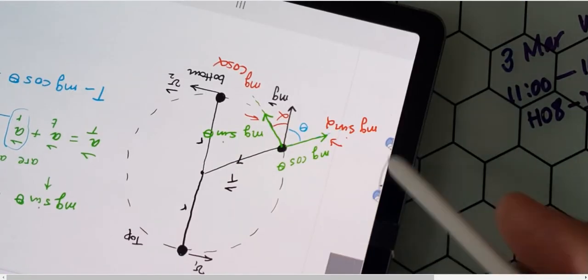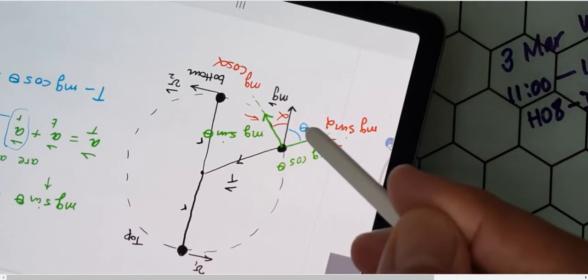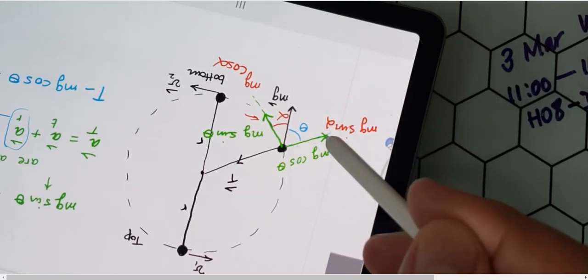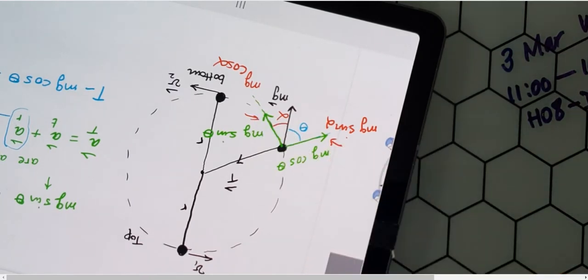See, this is theta, this is mg, and this is theta. So this is mg cosine theta, and this is mg sine theta.